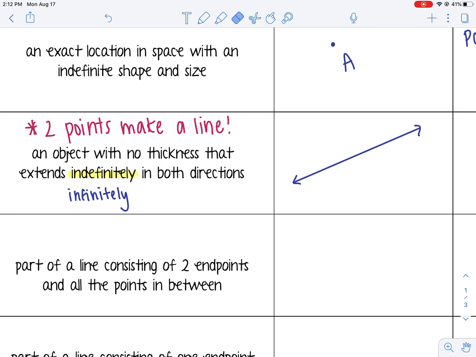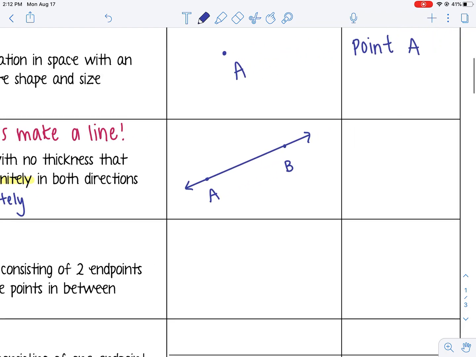That's it. So on my line that I already drew, I'm going to go ahead and put point A, and I have to have a second point. I'm going to put point B, which means I could call this line AB. So I'm going to write AB, put a little line over it. And notation just means naming. That's my notation. That's the name of that line, line AB.